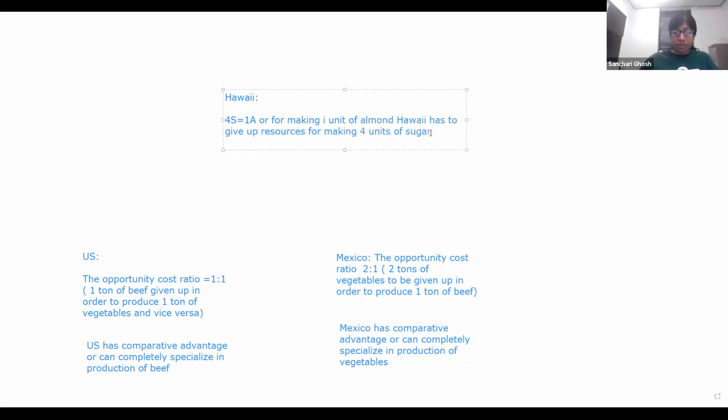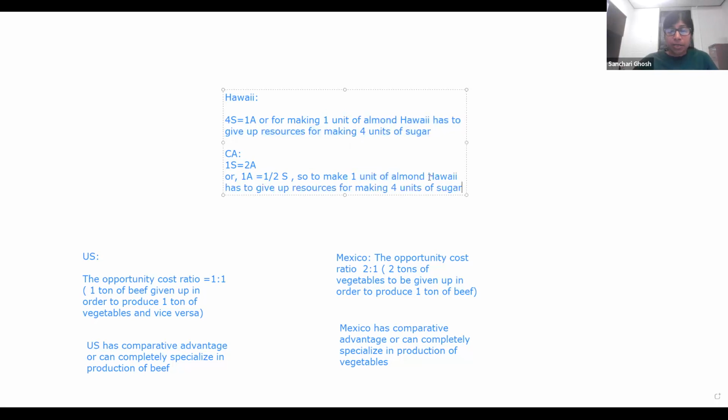Let's see California's case here. California, 1S equals 2A, or 1A equals half S. So to make 1 unit of almond, California has to give up resources for making only half a unit of sugar.